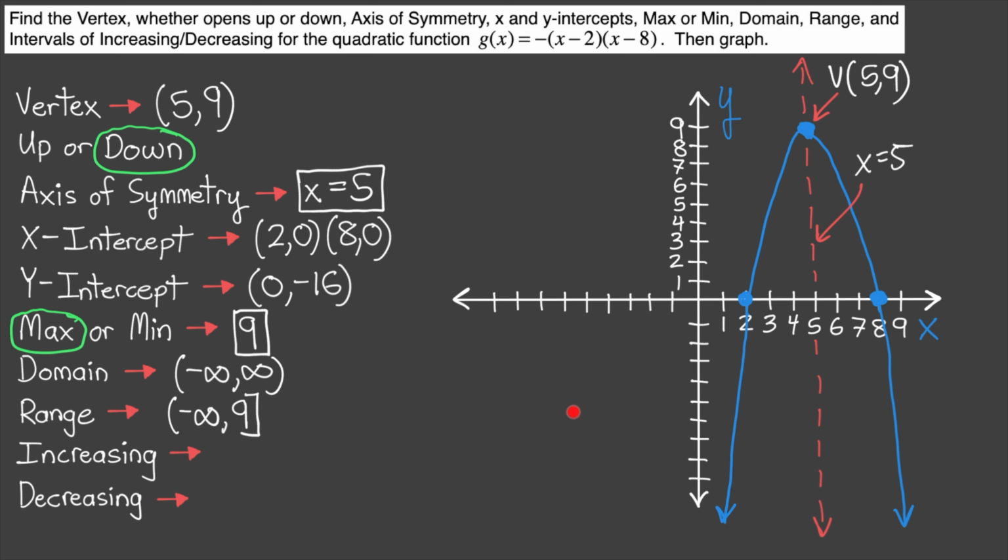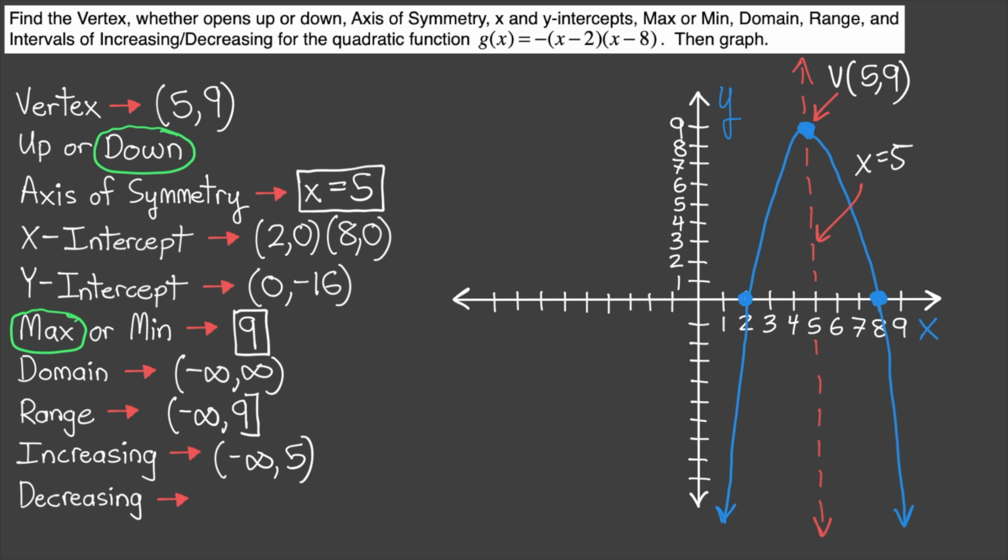Okay, next is increasing. The graph is increasing when it's going up and to the right. That occurs all here, and this goes up and to the right really starting at negative infinity, all the way to here. So it'll go from negative infinity all the way to 5, where it stops increasing. So we have negative infinity to 5.